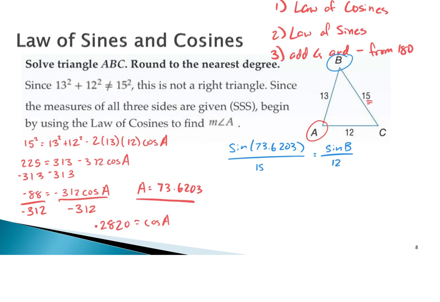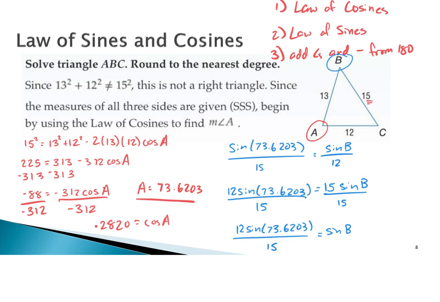I'm going to cross multiply. And this is what you get after you cross multiply. And now I'm going to divide 15 away from both sides to get sine of B all by itself. And you end up with B is 39.87.